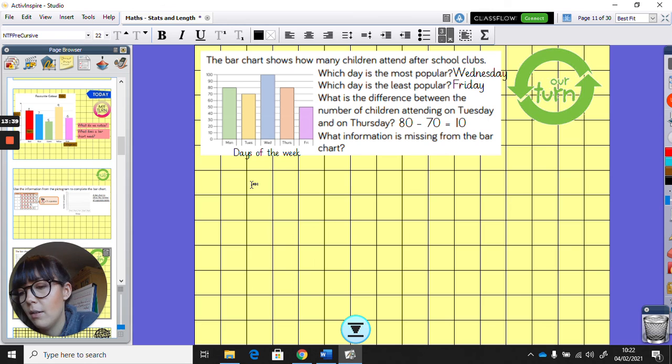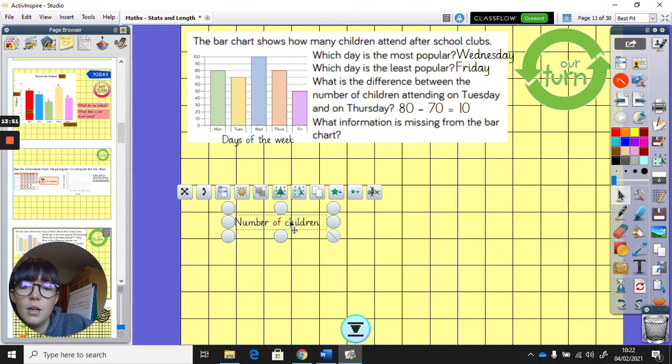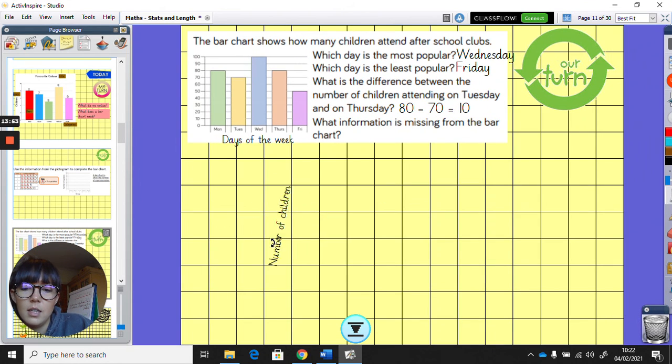Because we didn't know that. We just had to look and say, oh, that must be days of the week. And then on this side up here, we need to write number of children. Now it's quite tricky, isn't it, to know what it is showing you if you haven't got the labels in, okay? The labels are really, really important.